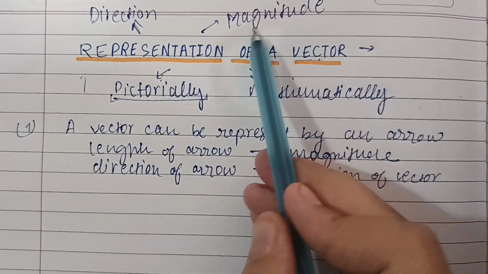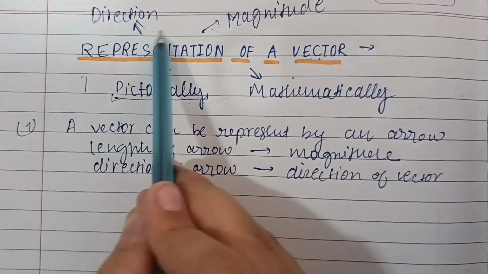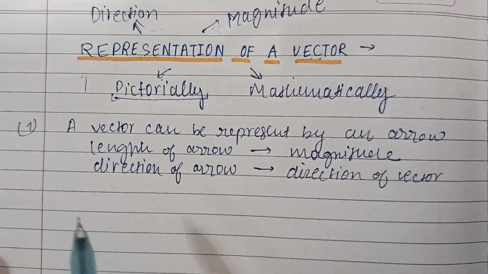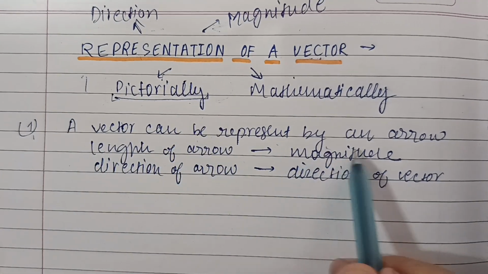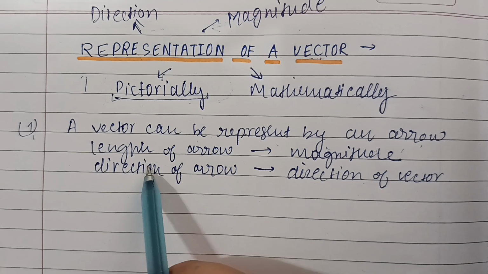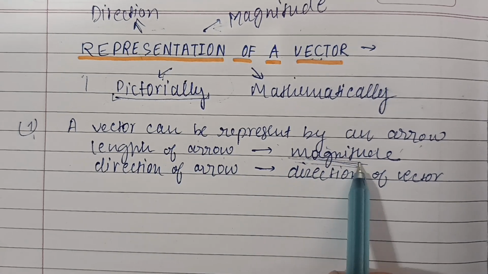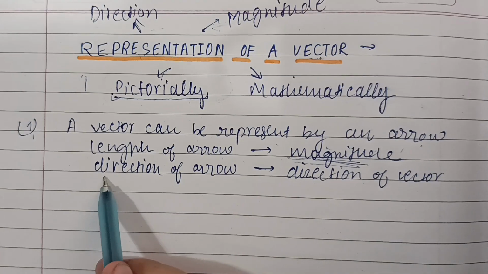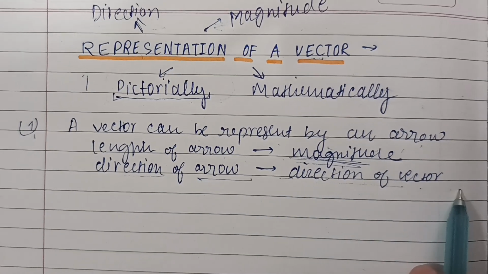First, we have to show the magnitude of the vector, and secondly, we have to show the direction of the vector. So first, pictorially, a vector can be represented by an arrow, where the length of the arrow will represent the magnitude of the vector, while the direction of the arrow will represent the direction of the vector.